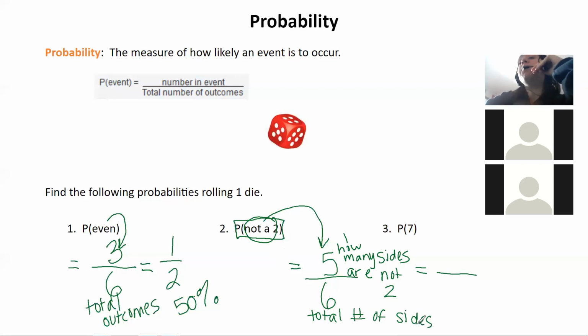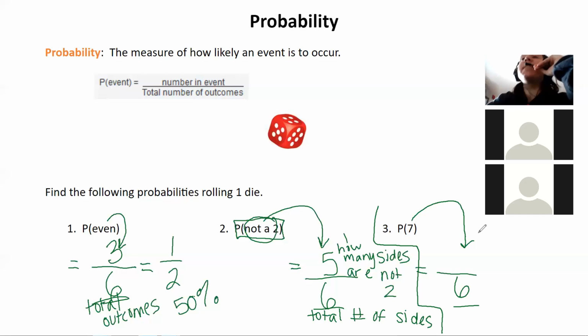So if I was doing number 3 here, a dice has 6 total sides. That doesn't change every single time because a dice always has 6. But now let's do what's in the parentheses. How many sides on a 6-sided dice have a 7? 0.